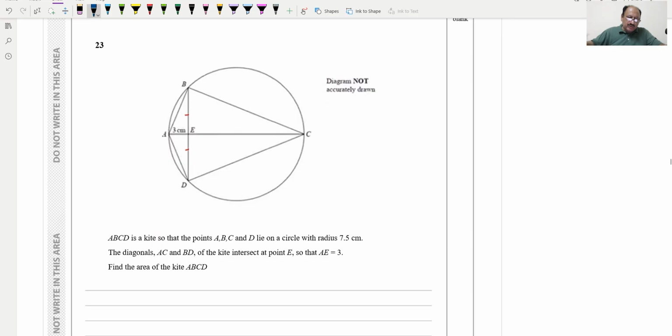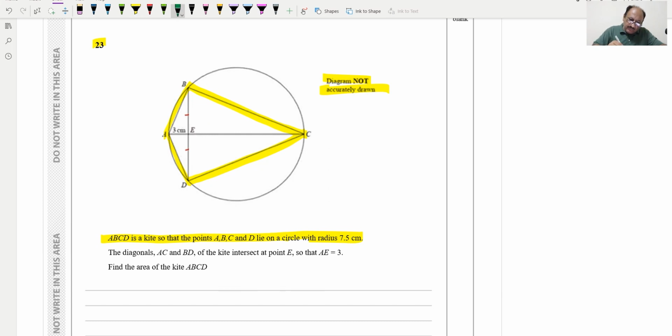Hopefully you understood this. Now this is question number 23. Diagram is not accurately drawn. ABCD is a kite, so that the points A, B, C, D lie on a circle with radius 7.5.